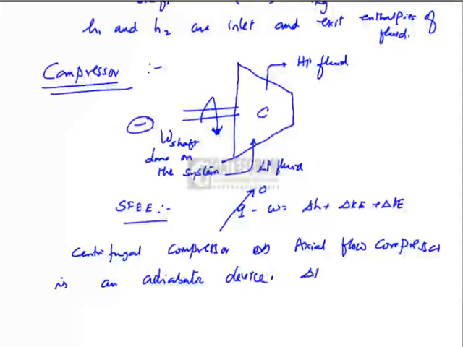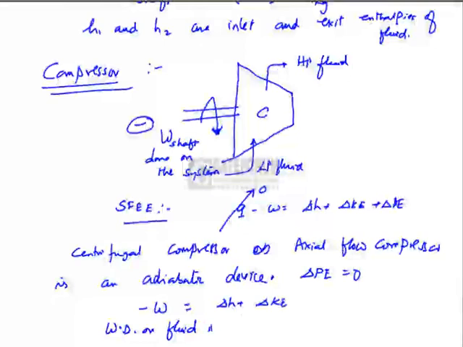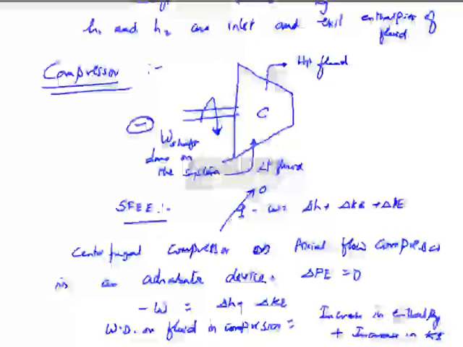Change in PE or potential energy is neglected, which means minus W is equal to delta H plus delta KE, that is work done on fluid in compressor is equal to increase in enthalpy plus increase in kinetic energy.